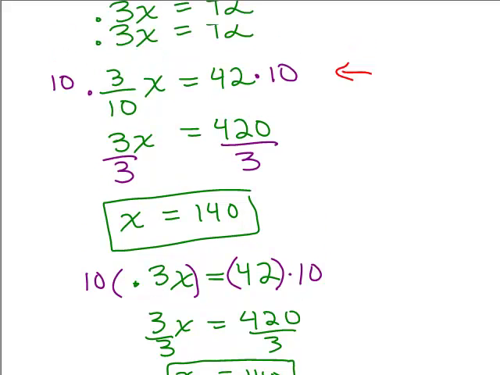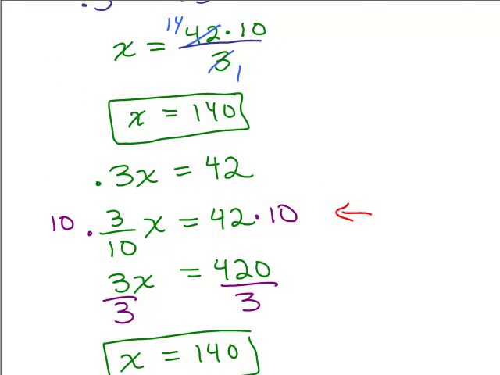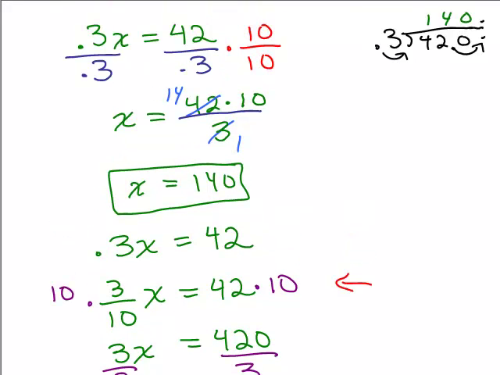So let's sort of review. All right, first method. Just ignore the fact that there's a decimal there as the coefficient, divide, and then deal with how to do 42 divided by 0.3. You could either multiply by 10 over 10 and get 140. You could do long division, 0.3 into 42, move the decimal at that time.